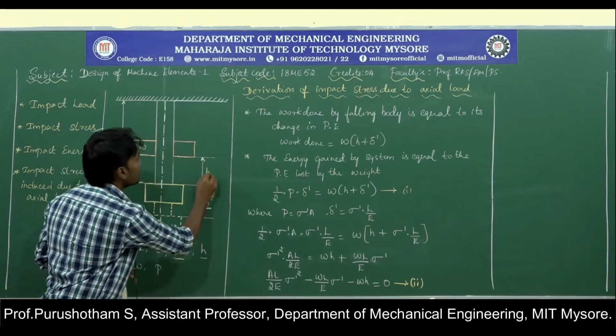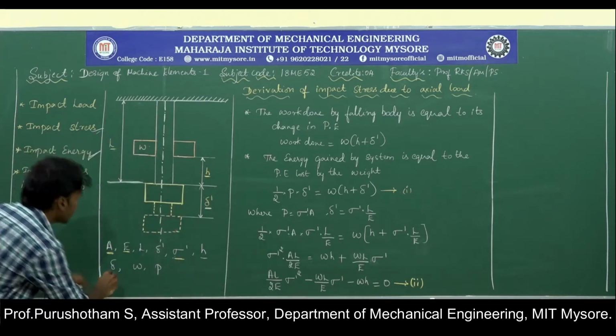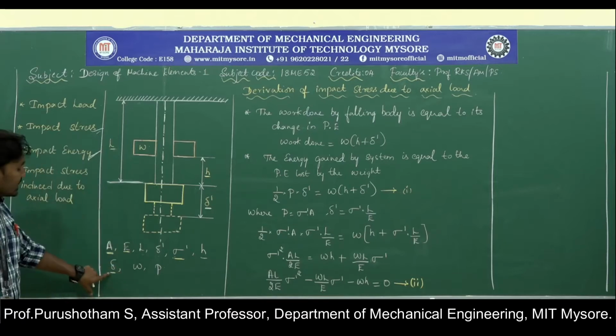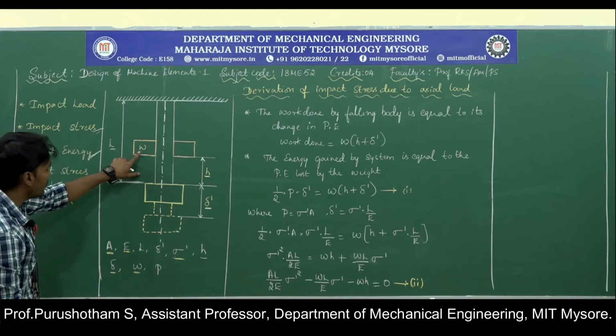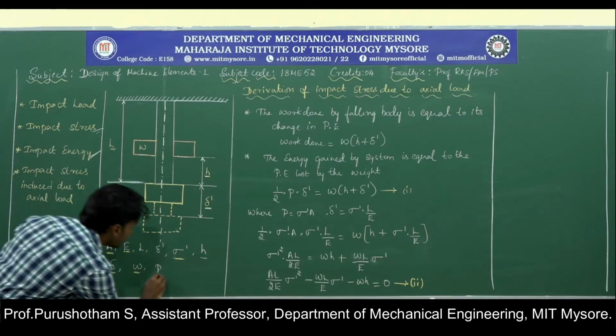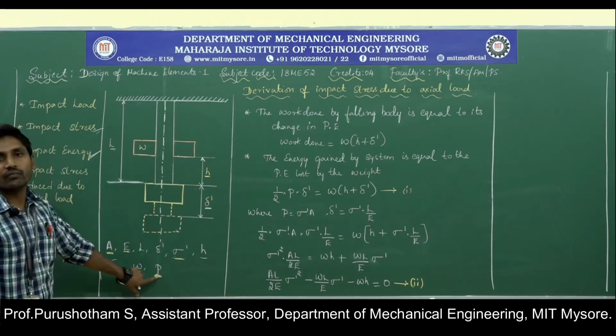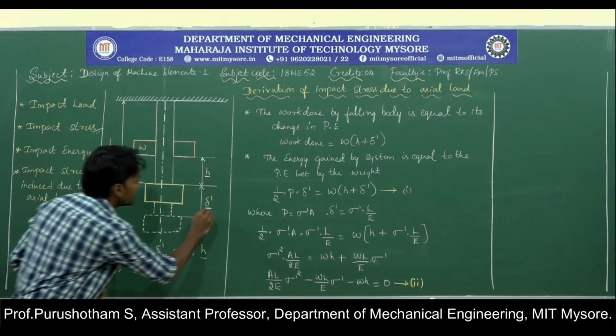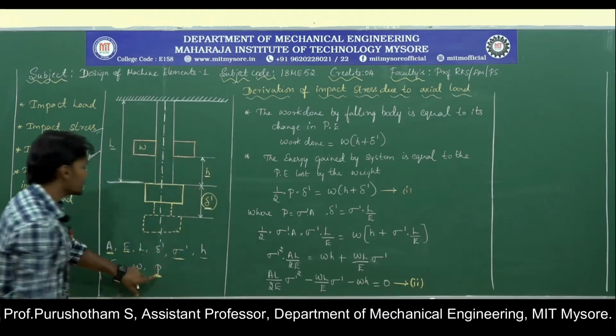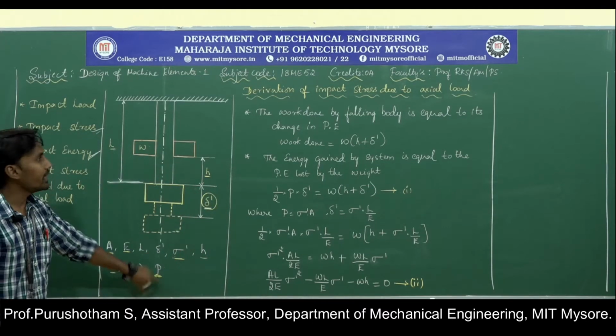Then h is height of fall, delta is the static deformation due to the weight W, W is the weight of the moving object, and P is the force at which the delta dash or impact stress is induced.